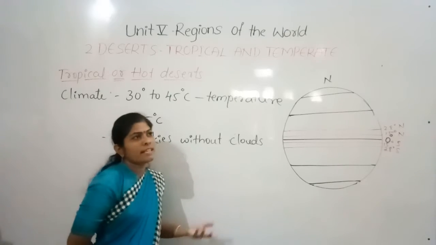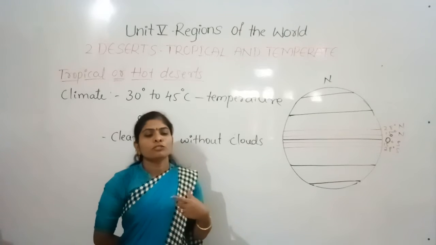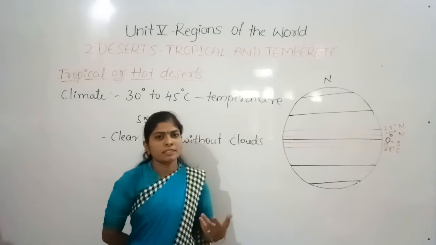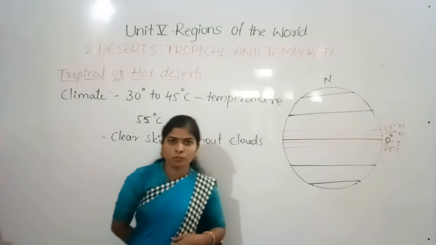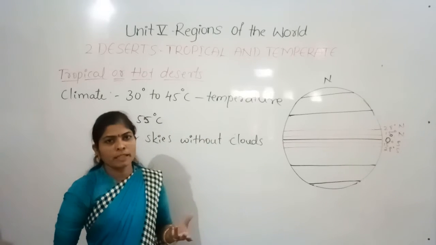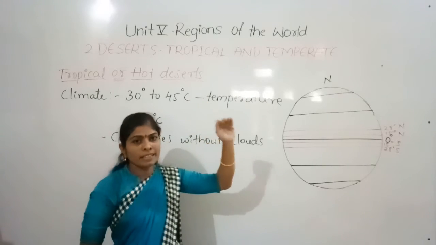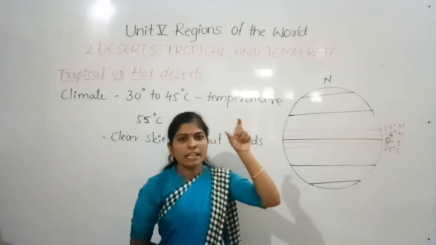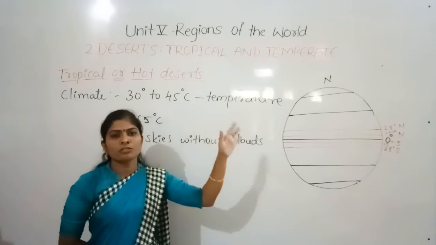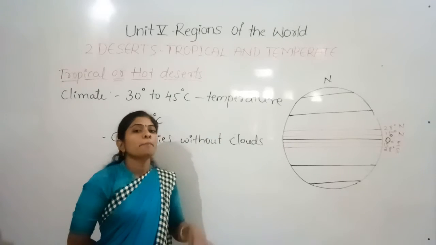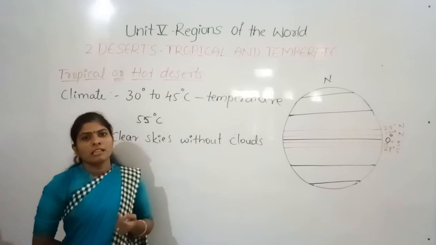When more water is present, due to transpiration by the plants, the clouds get formed. But here in the desert, there is no rain at all.